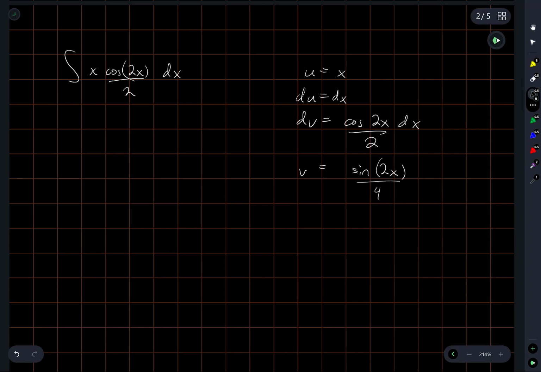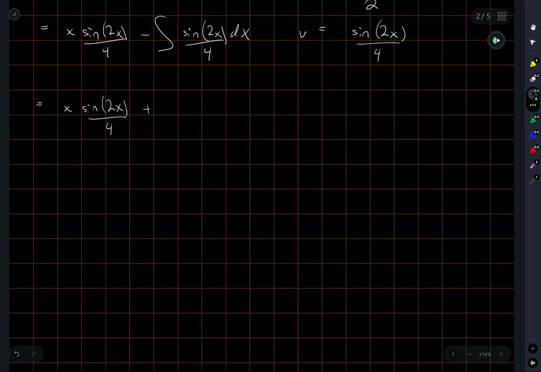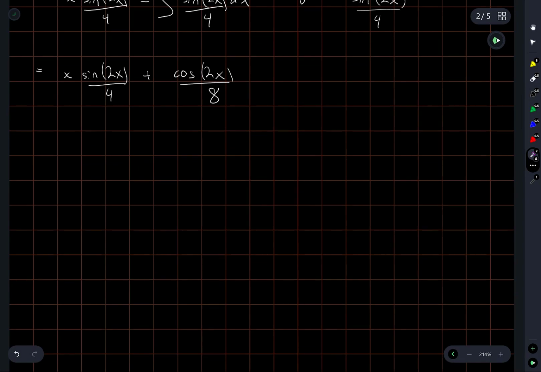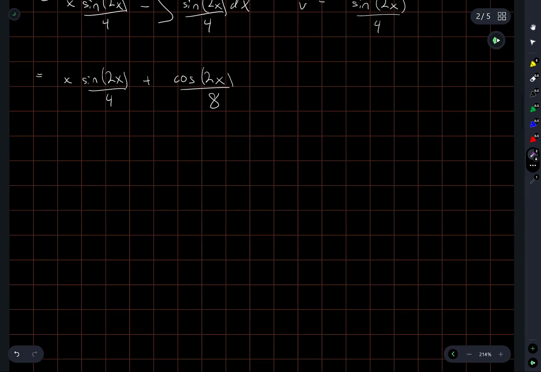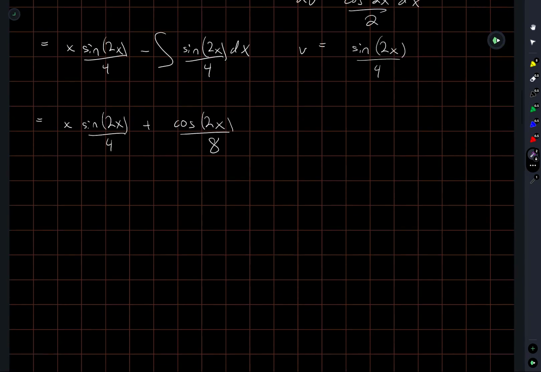All right, so this integral is equal to x sine 2x over 4 minus the integral of sine 2x over 4 dx. I'll put the plus c in later because I remember there's a negative sign further up there that we'll have to take into account, but it's not going to really make a difference on things.